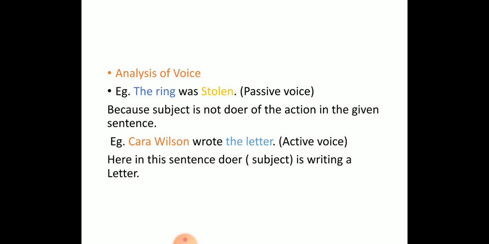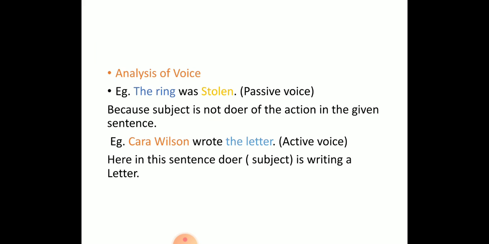On the other hand, see the example: Kara Wilson wrote a letter. Students, as I told you earlier, before verb, noun, pronoun is subject, after verb, noun, pronoun is object. So, wrote is your action verb, right? See, your subject Kara Wilson is doing something in the sentence.